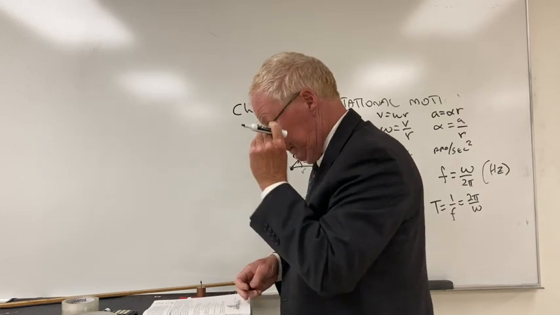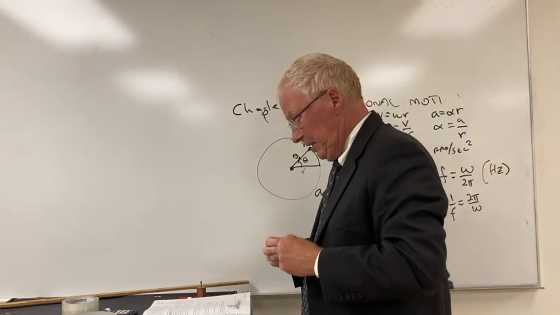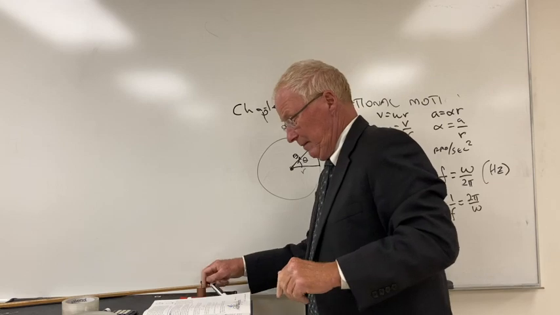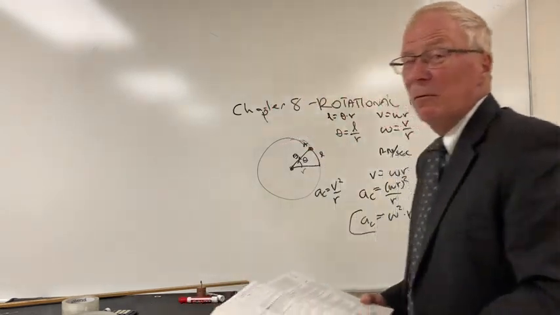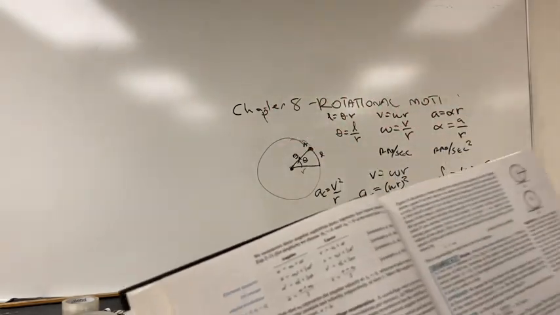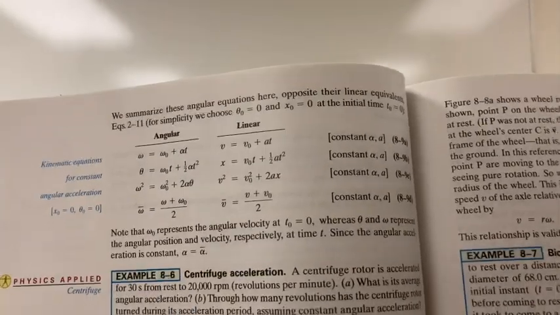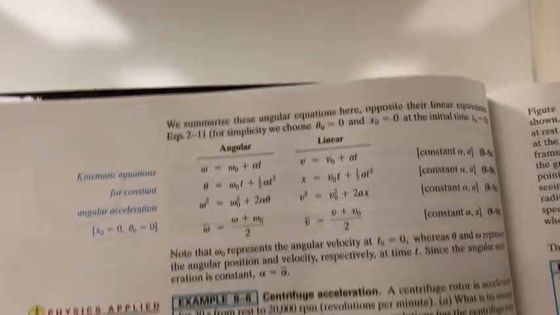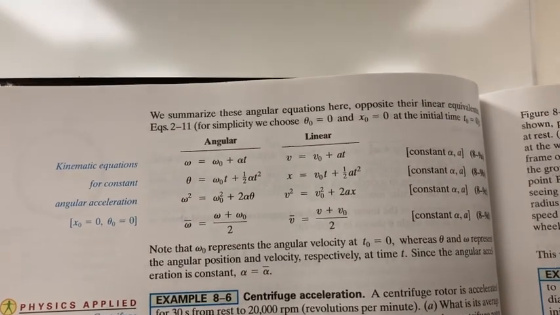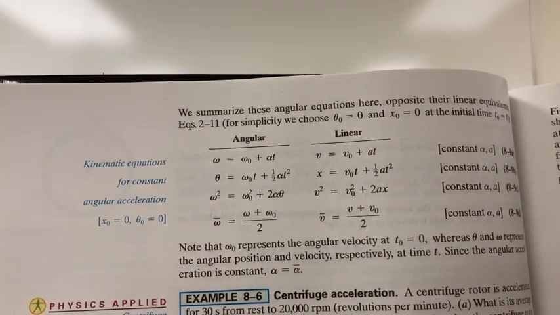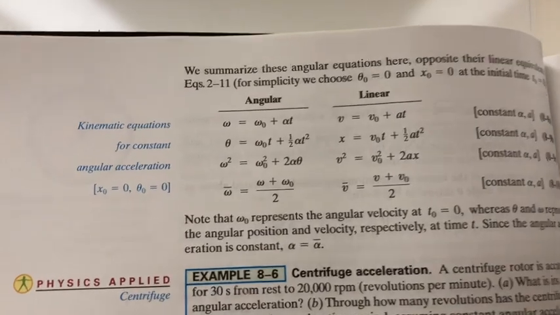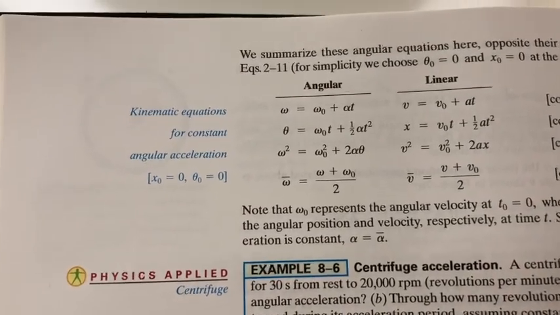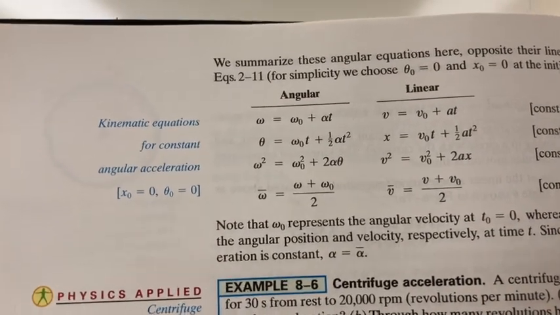So, not going to get into much of the details here, but if we look at the rotational aspects of it, if we go back to chapter 2, our expressions for linear acceleration, linear velocity, and time. Notice on the right side, we have the expressions that have been used a lot.